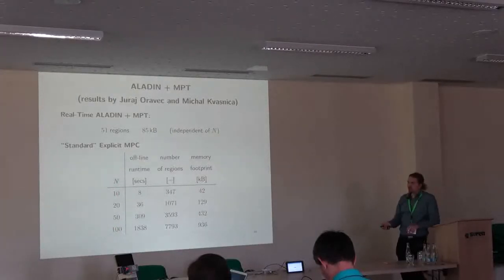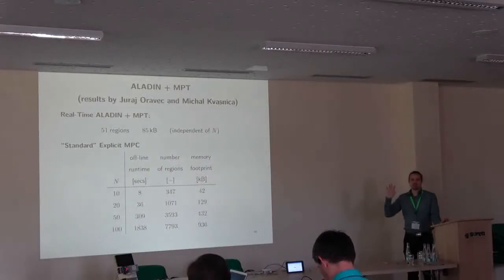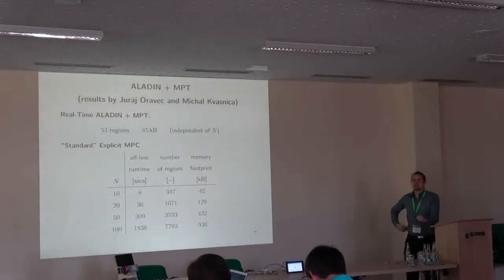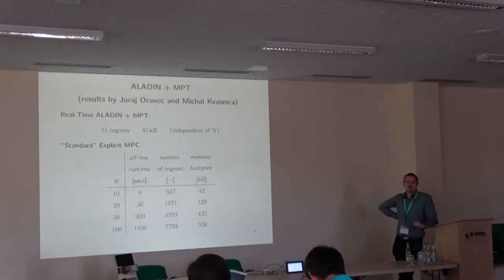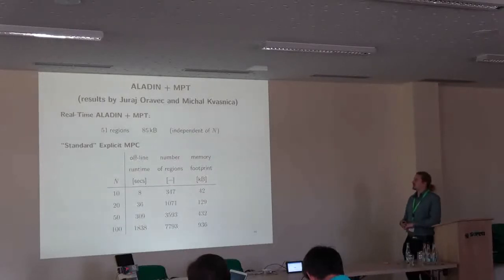As said, this is a very simple double integrator system with constraints, so it's still feasible to solve this with MPT, also for longer horizons. But as soon as we scale up to slightly more complicated systems, I think you all know that if we make the horizon longer, the number of regions and the memory footprint explode very quickly with the horizon length. That's to put these things into relation.